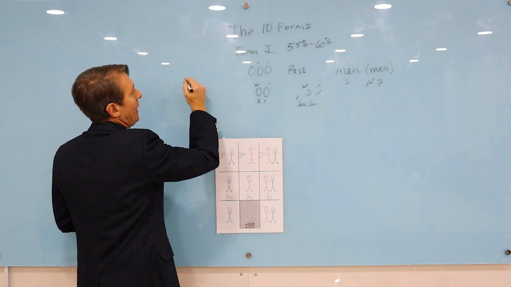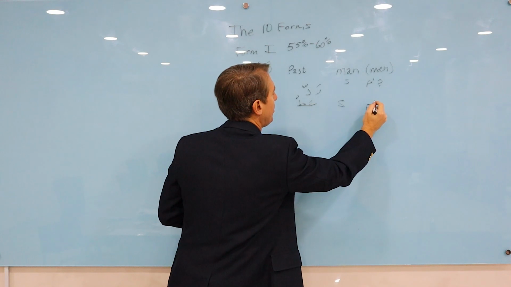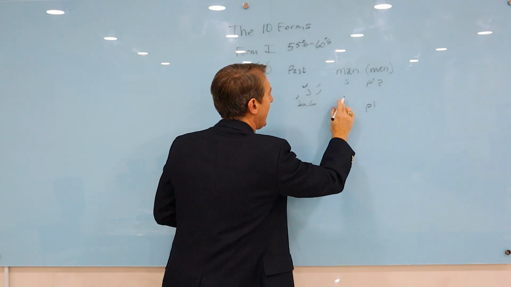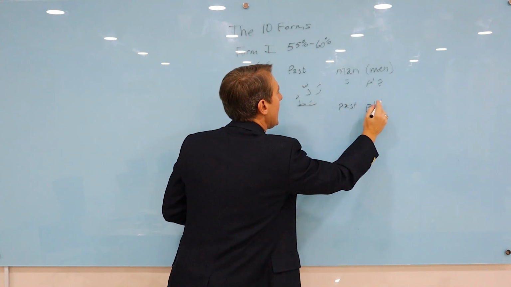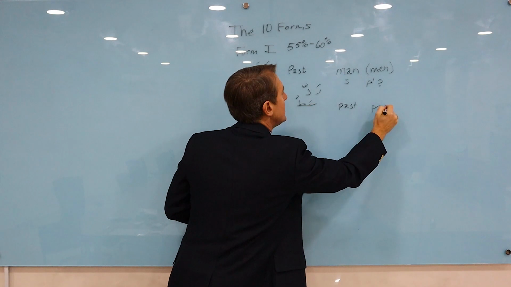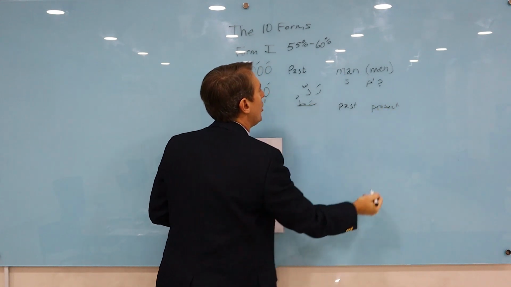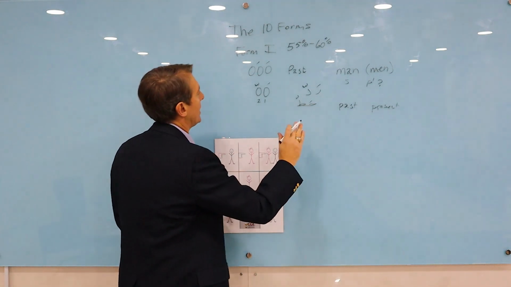So with verbs, you have the past tense, excuse me, and you have the present tense, okay? So, the present tense, my handwriting is terrible, but you get the idea.